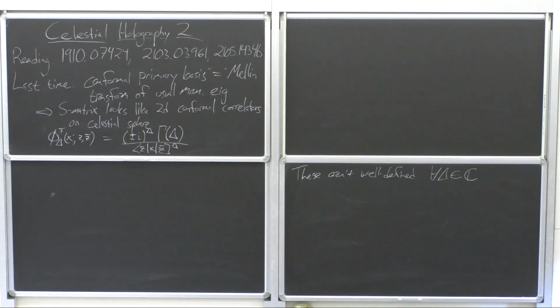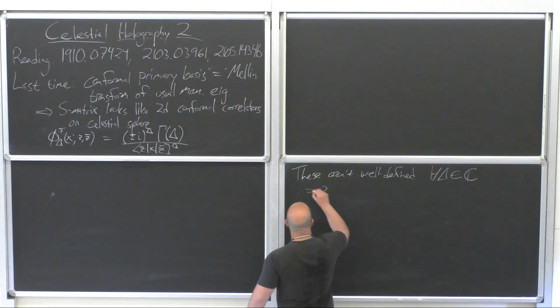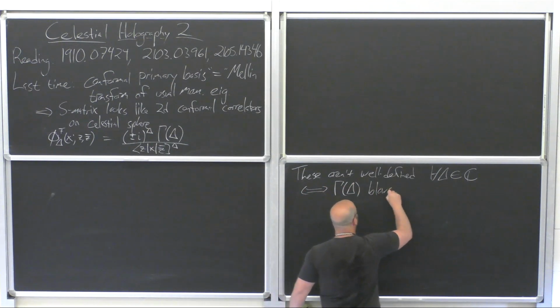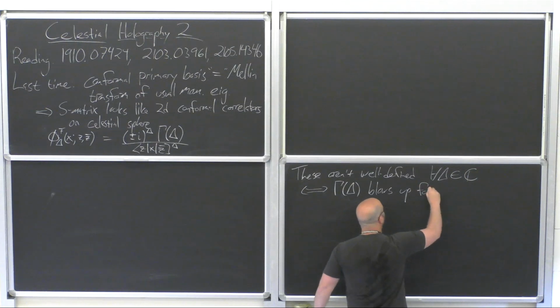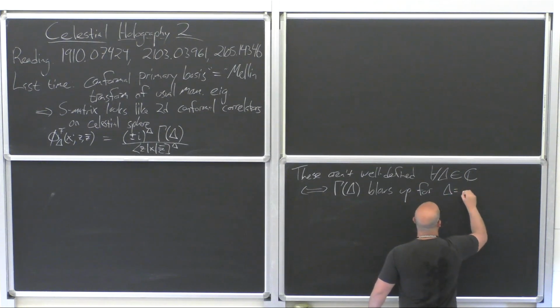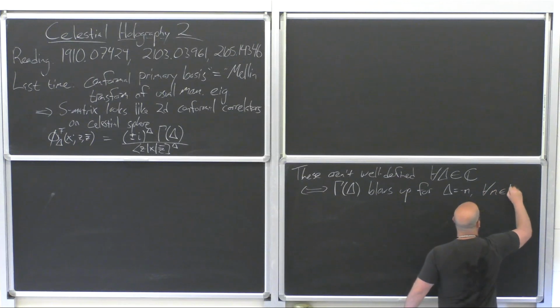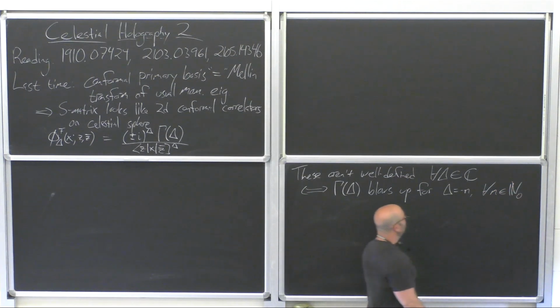The gamma function is not a smooth function on C. It has poles at all the integers sitting on the negative real axis. Okay. So why? Because this gamma of delta blows up for delta equal minus n for all n in the natural numbers union 0.